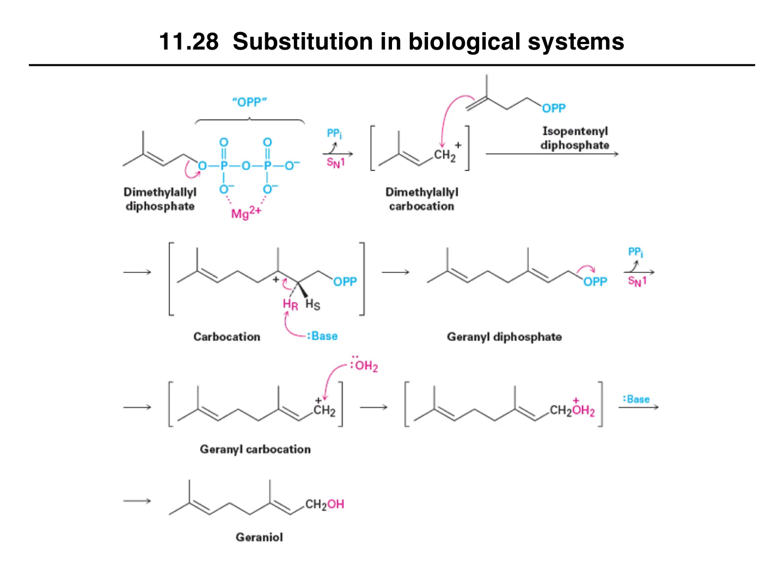Now, there are also a lot of really cool substitution reactions, as well as eliminations and others, that happen in the biosynthesis of fatty acids and of terpenoids. And here we have some examples. Terpenoids are compounds that have this carbon skeleton, and isopentenyl diphosphate is called the biological isoprene unit.